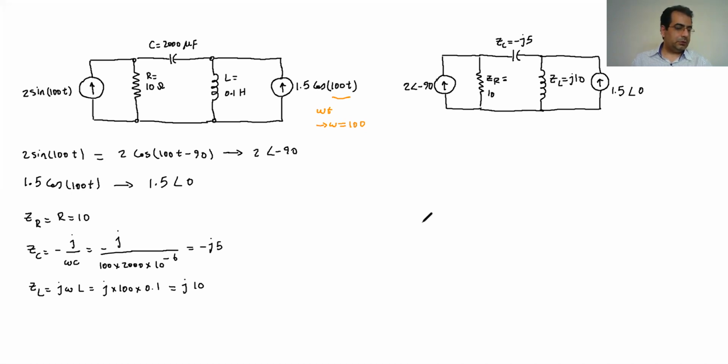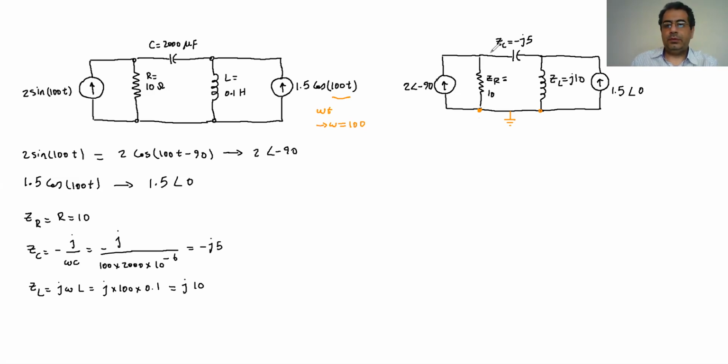Now I'm just going to use the node voltage method. So first find the reference point. I'm going to say this is my reference node here. So these two are connected to my reference, and assume the voltage is 0 here.